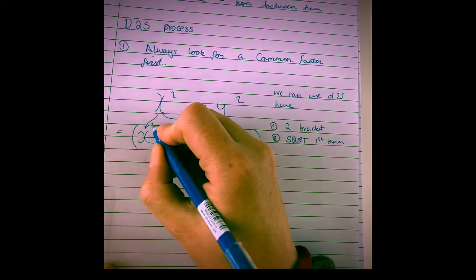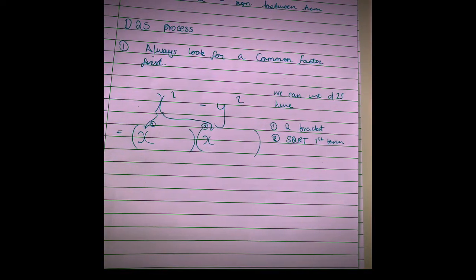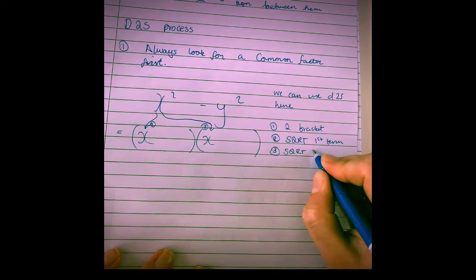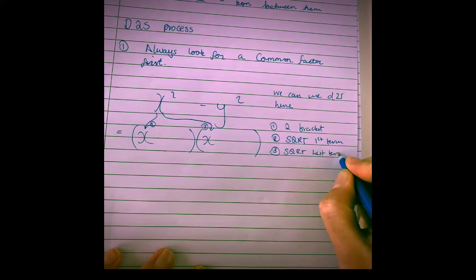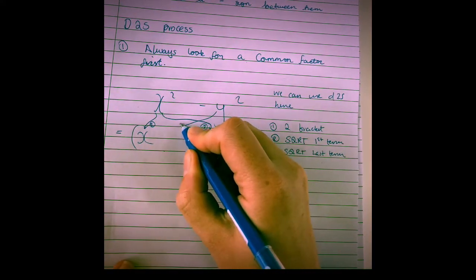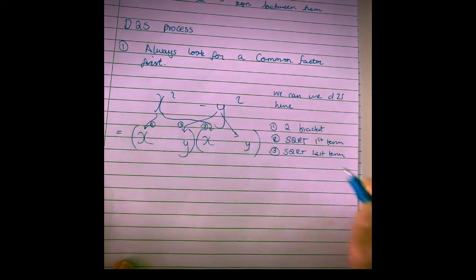Okay, so I'll just put a 2 here so you can see that that's where this is matching up. We're going to do the same with the last term as well. So we're going to square root that last term and then put it in the last position in the bracket. So the y is coming in here. This is going to be x, y and y.